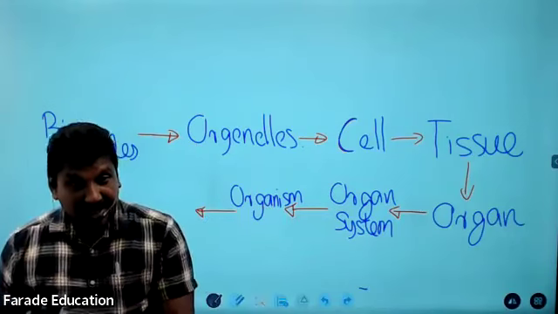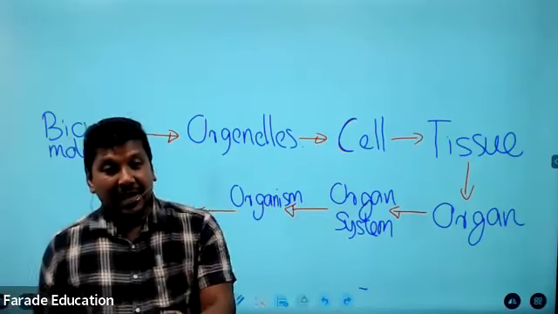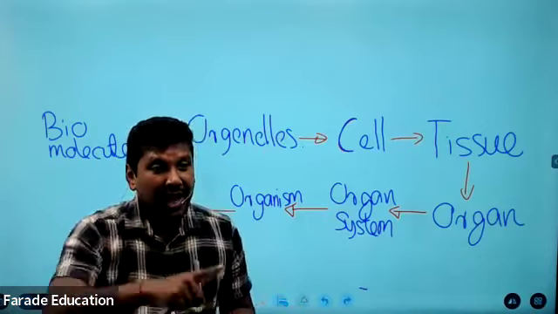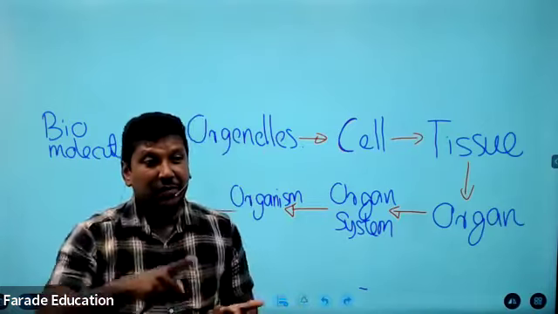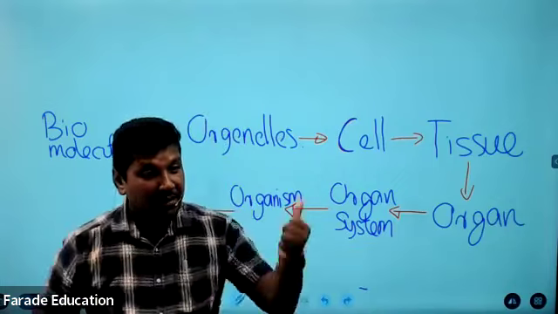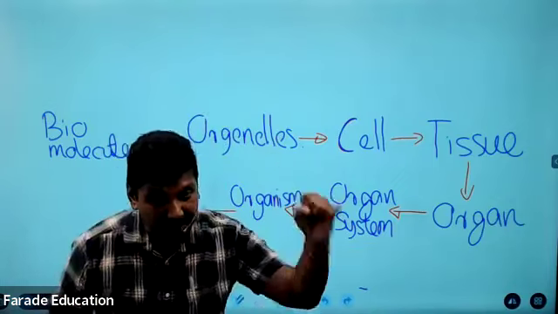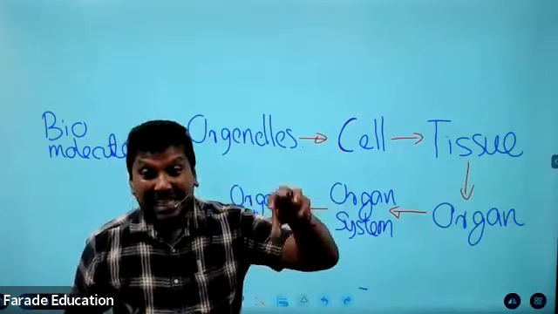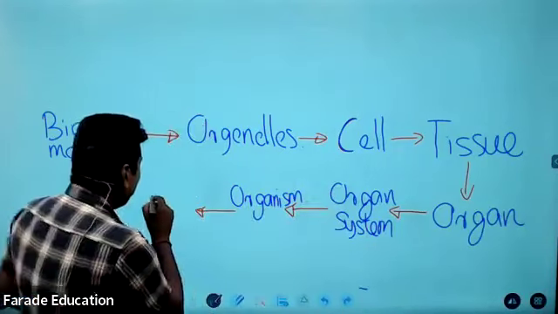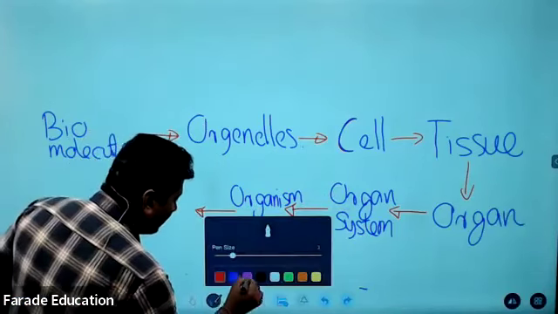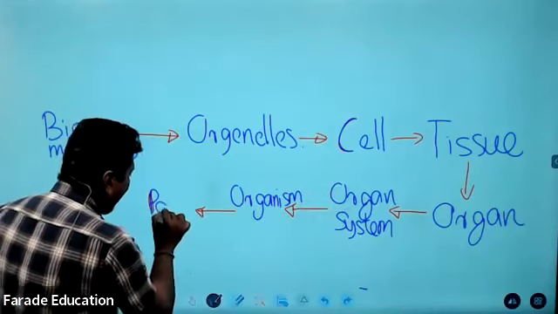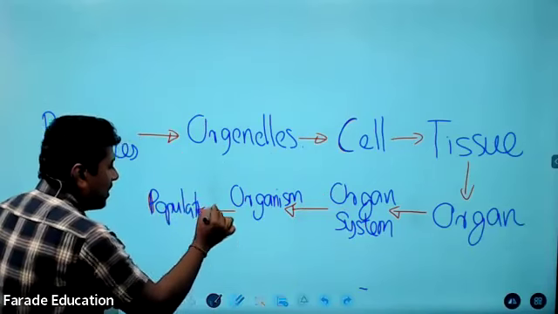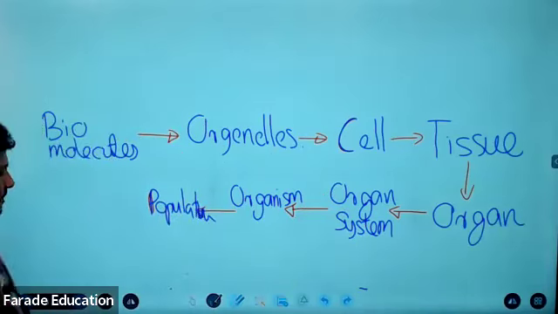So here in Kandy, we have human population. We have crow population. We have dog population. We have cow population. We have cat population. We have snake population. Likewise, population means from the same species. So you make the population.